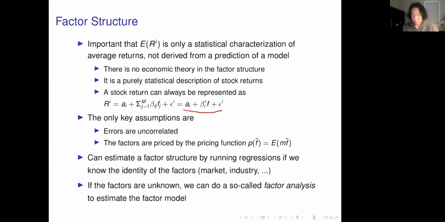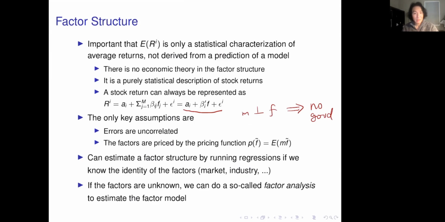Or put differently, if the factor and the stochastic discount factor are orthogonal, then this is no good. These kinds of factors are not legitimate factors in an APT. So in an APT, the factors should be correlated with the stochastic discount factor.